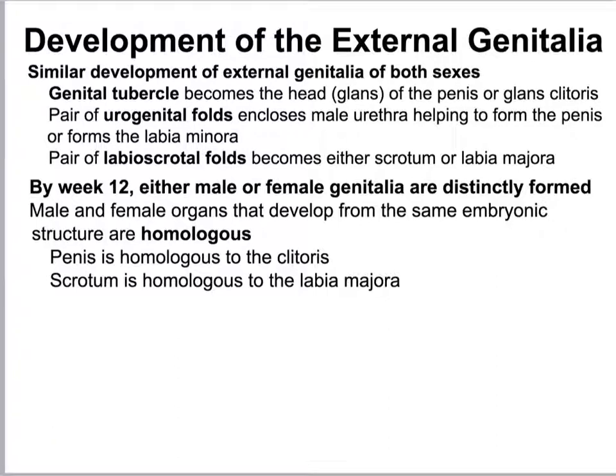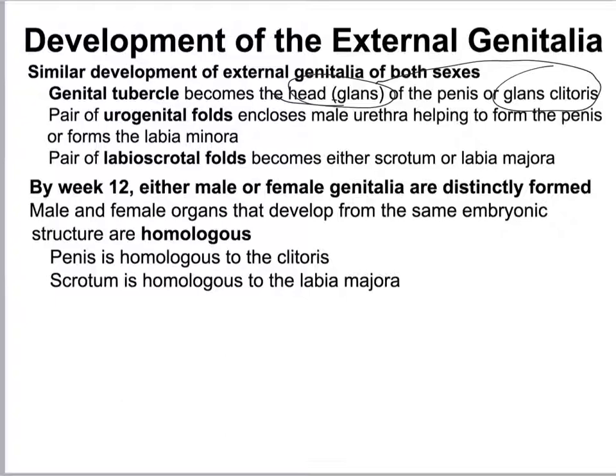Now, in either case, you're developing from the same default structure, from this androgynous, undifferentiated state. And so, basically, all of the organs in males and females have an analog, right? So the analog of testes is ovaries. The analog of the fallopian tubes is the vas deferens. But this is true even for other structures as well. So, for instance, the head or glans of the penis is analogous to the clitoris.